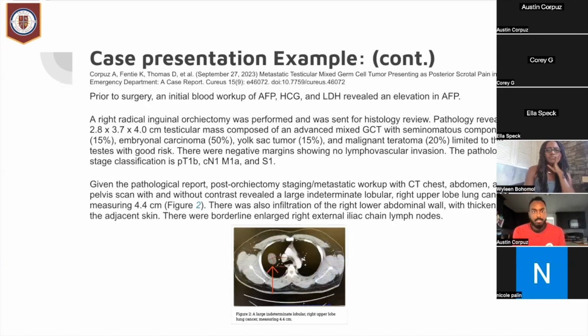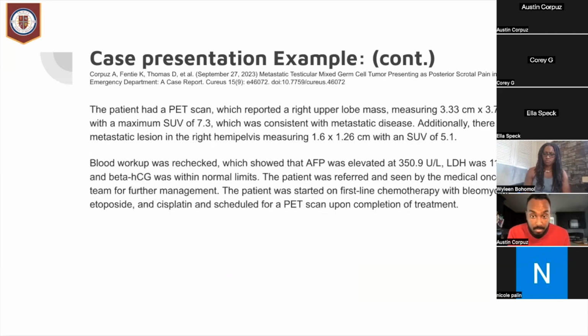A right orchiectomy was performed, which showed the stage classification of pT1b, cN1, M1a, and S1. Given the pathological report, a follow-up CT workup was conducted, which revealed metastasis to the abdominal wall. The patient had a PET scan and the blood workup was rechecked, which showed elevated AFP.